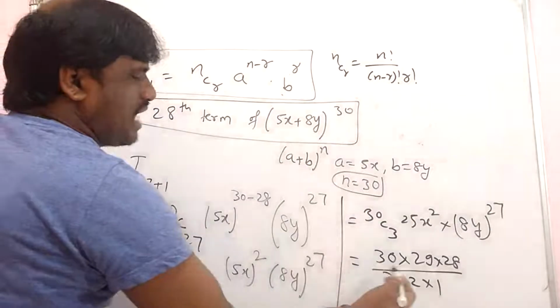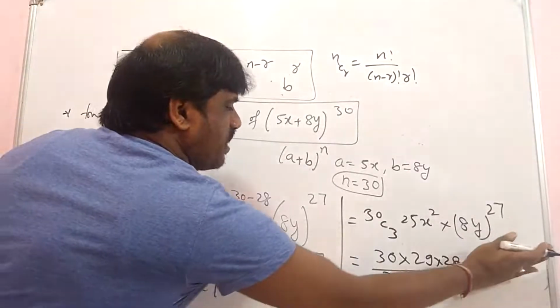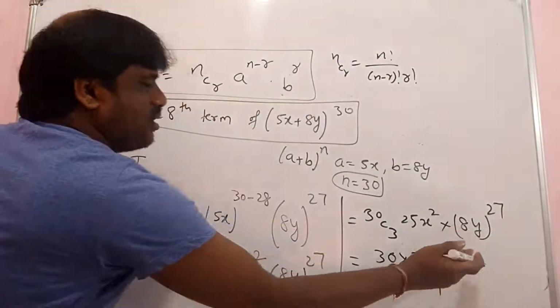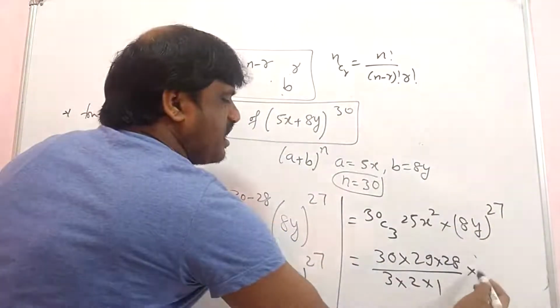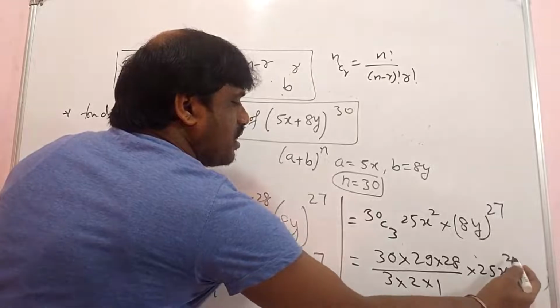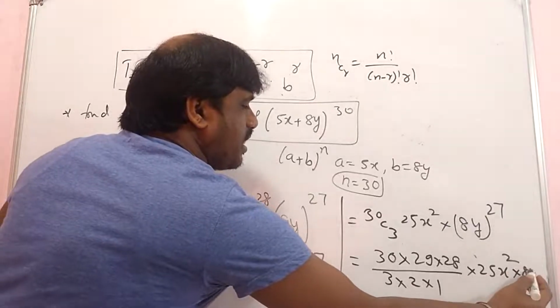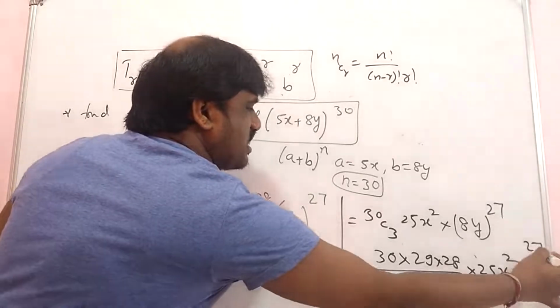Then multiply by 25x square into 8y raised to power 27.